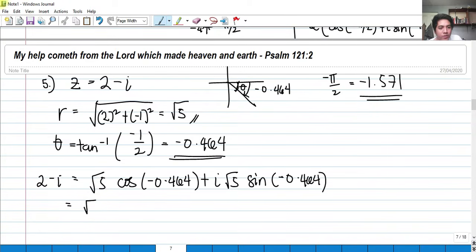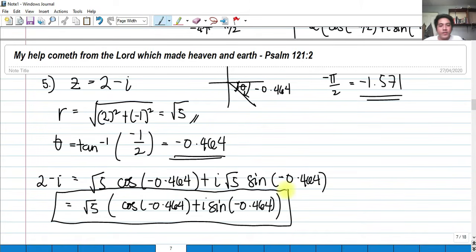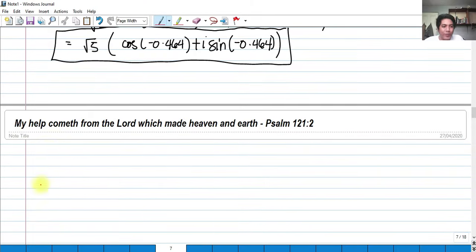We can factor out square root of 5 so that we have cosine of negative 0.464 plus i sine of negative 0.464. And here is our answer. Okay? So by the way, if you evaluate this, this should be equal to 2 minus i. If that is not equal to 2 minus i, then our answer is not correct.